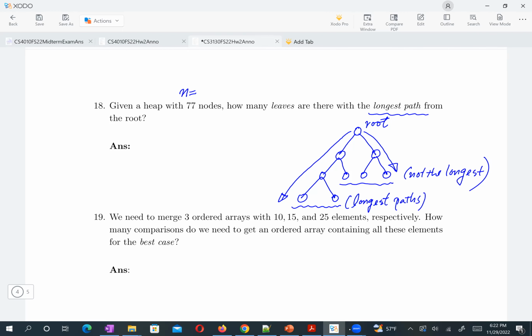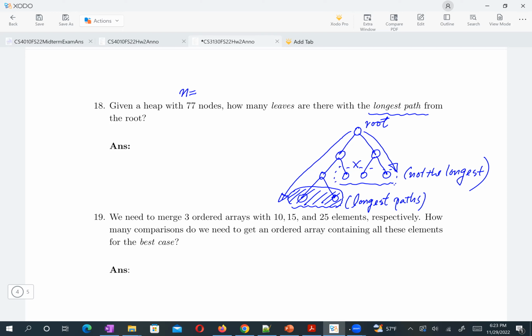So for this question, we need to find the number of leaves corresponding to these leaf nodes, but not that kind of leaf nodes.